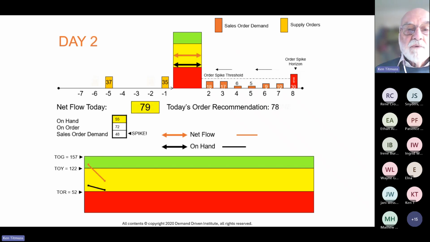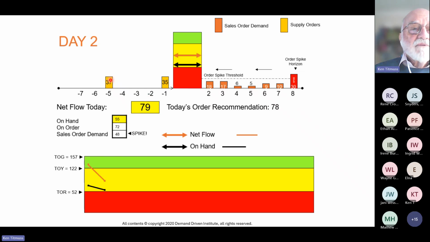Okay, so as we go to day two, suddenly I've got an order that's come into my spike horizon here, which is typically my lead time, of 30 units, which is greater than the order spike threshold I've set up here. So I'm going to include that order plus the 18 for today in the demand in my net flow calculation. So my demand in the net flow calculation is 48.